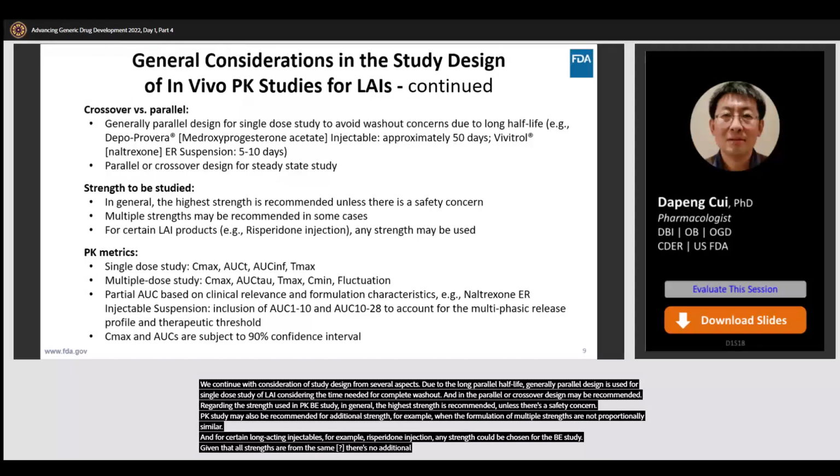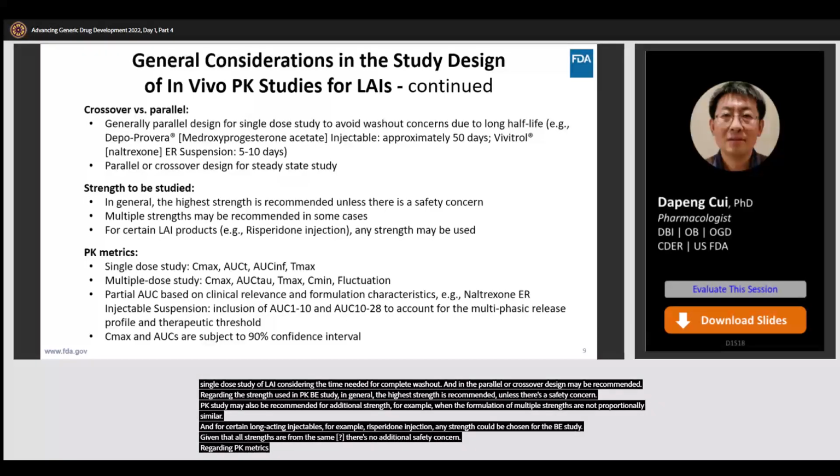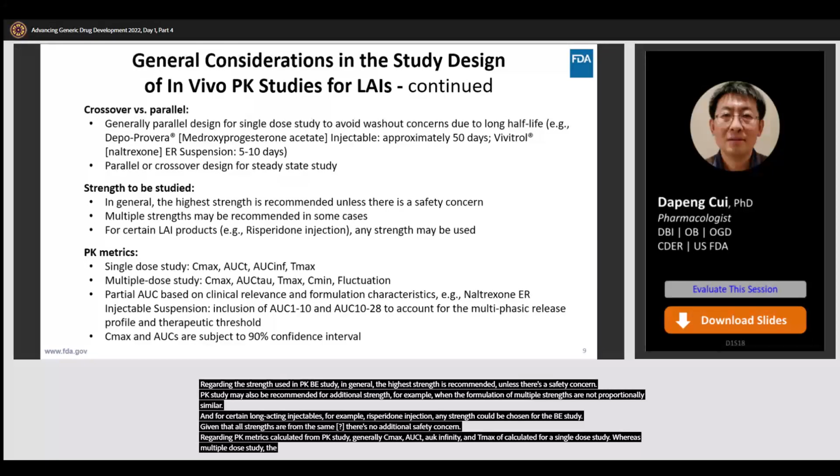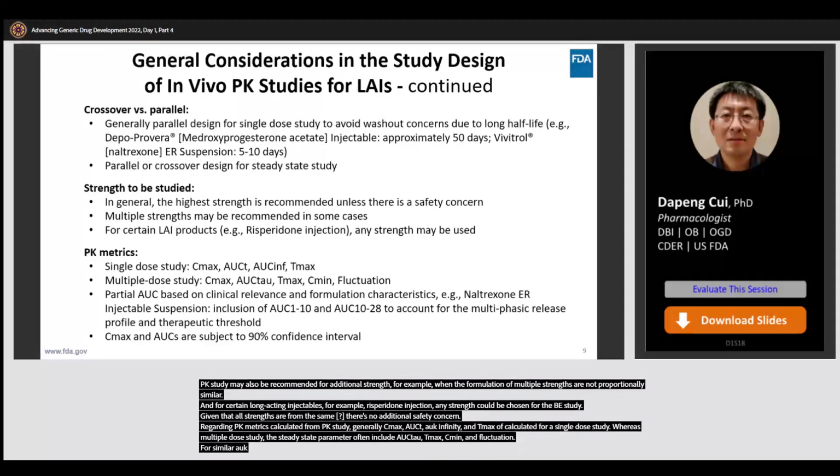Regarding PK metrics calculated from the PK study, generally Cmax, AUClast, AUCinf, and Tmax are calculated for a single-dose study, whereas for a multiple-dose steady-state study, the steady-state parameters are also required, including AUCtau, Cmean, and fluctuation. For certain LAI products, based on the clinical relevance and the formulation characteristics, partial AUCs are recommended in addition to AUClast and AUCinf.